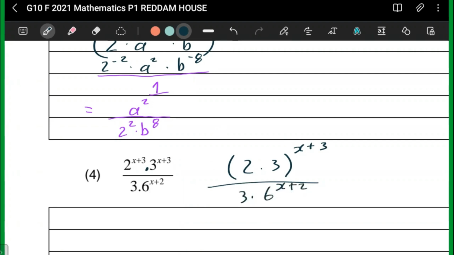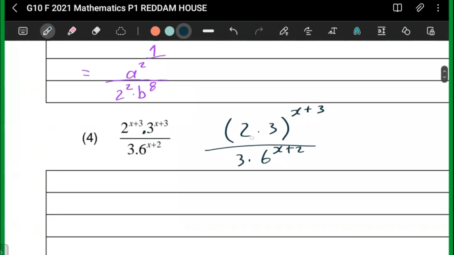So the reason for doing this is, at the top, we're going to have a 6 here. 2 times 3 is definitely a 6. And then the bottom here, you may be thinking, can we not write the 6 as 2 times 3 or something like that?